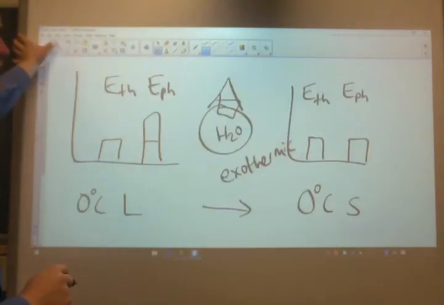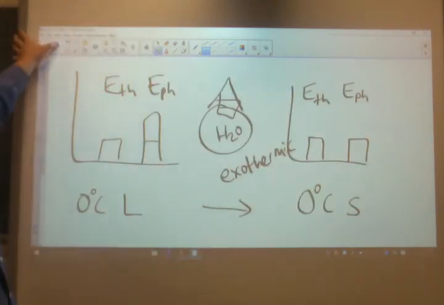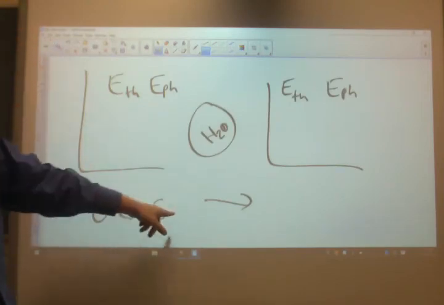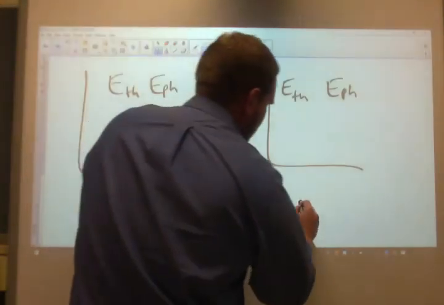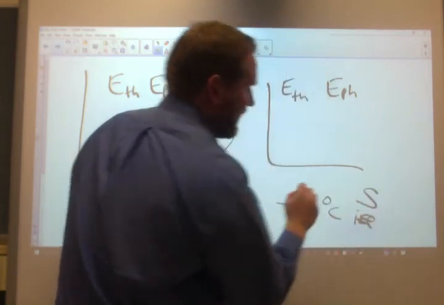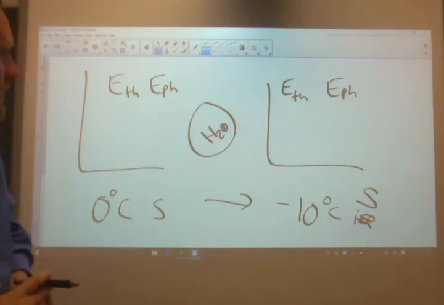Yes, negative 10 degrees Celsius. Where did that go? I didn't delete that, did I? Oh, there we go. So it's going to go down to negative 10 degrees Celsius, ice, or solid.